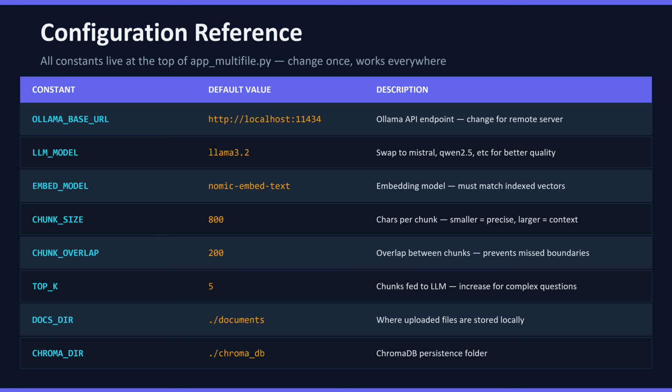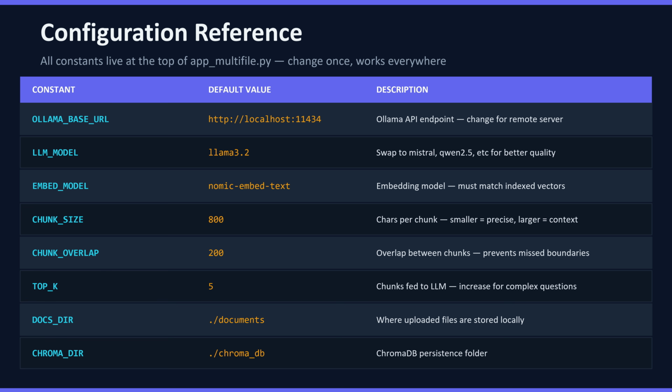Larger chunks give more context but may include irrelevant text. 800 is a good starting point for most document types. Chunk overlap is 200. This is how much consecutive chunks overlap. It prevents important information from failing at a chunk boundary and being split across multiple chunks.